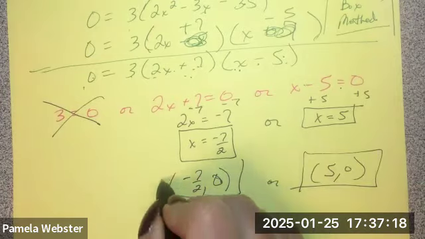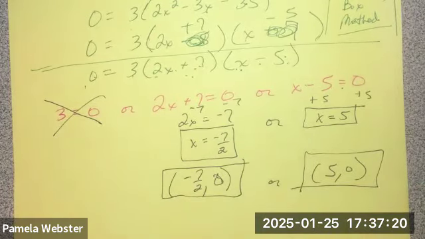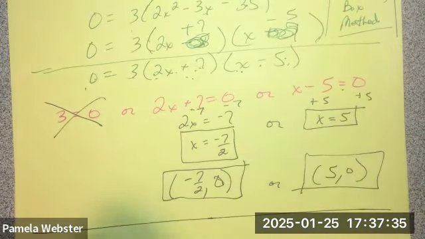There are your two x-intercepts, okay? All right, so we got our y-intercept, we've got our x-intercepts. We need to work through this guy and see what we get for the vertex. B was find the vertex.